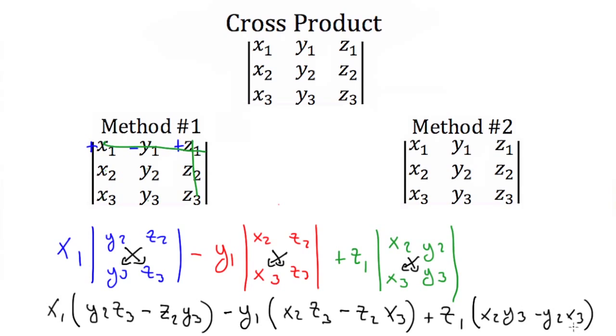Whatever these numbers are, x1, y1, z1, x2, y2, z2, x3, y3, z3, plug them all into this, and you'll find the determinant of this 3 by 3 matrix.